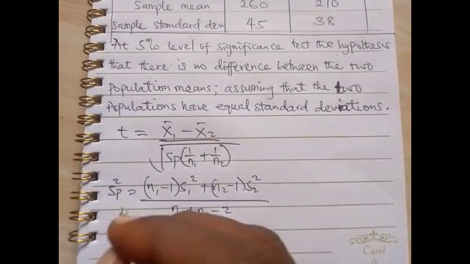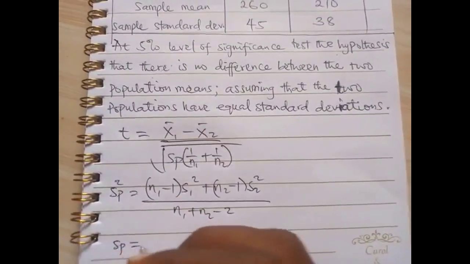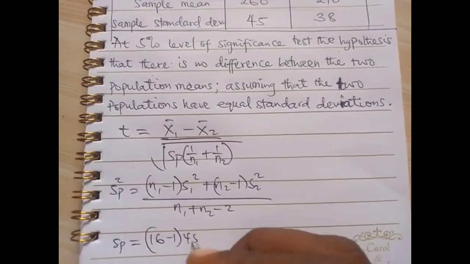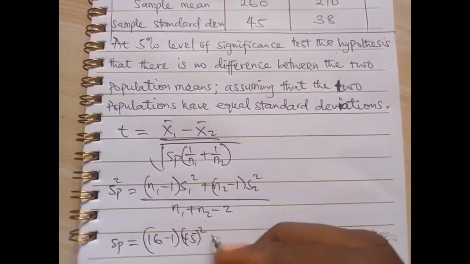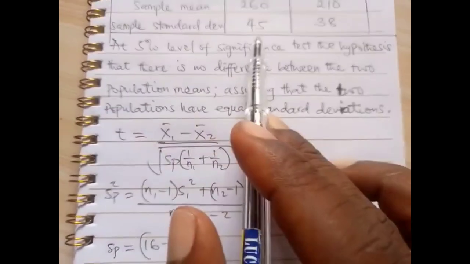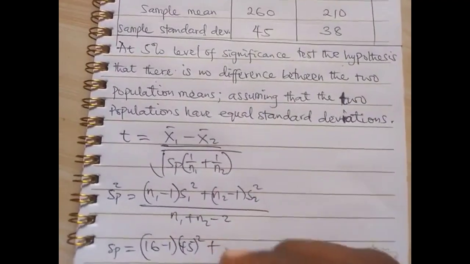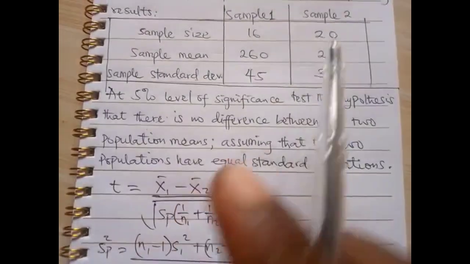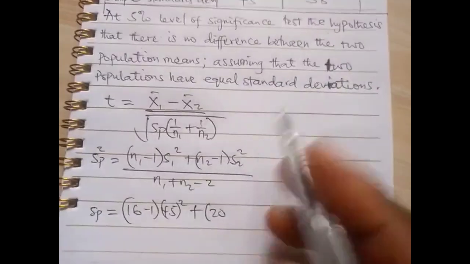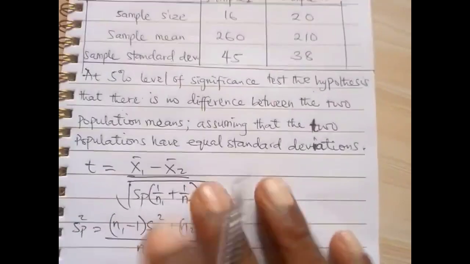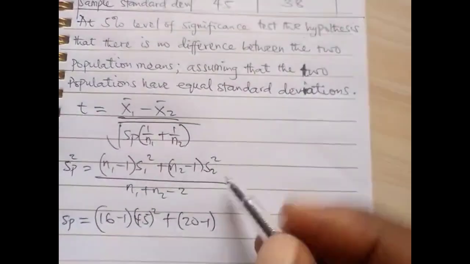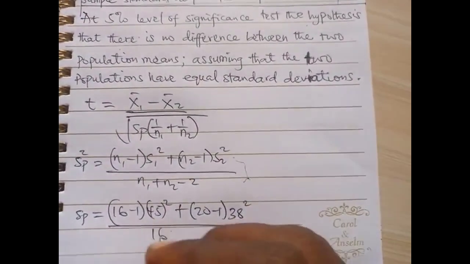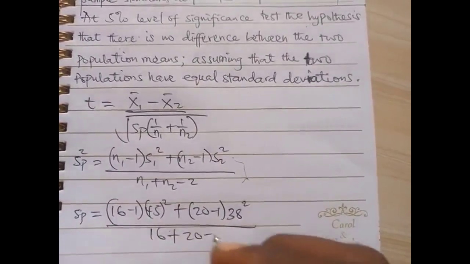So if we fix the values, the pooled variance is equal to (16 minus 1) times 45 squared, because that's the standard deviation of the first one, plus (20 minus 1) times 38 squared, for the second one with sample size 20, over 16 plus 20 minus 2.